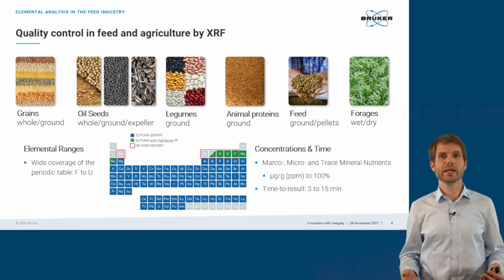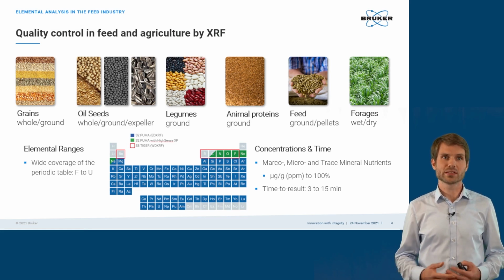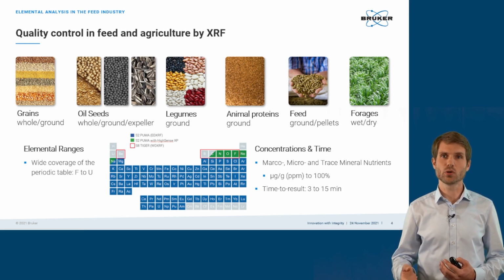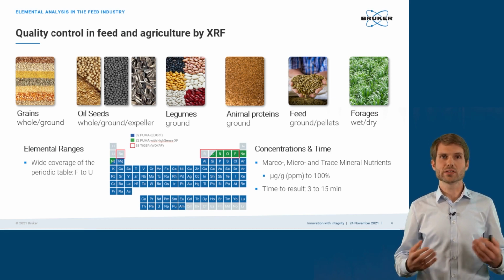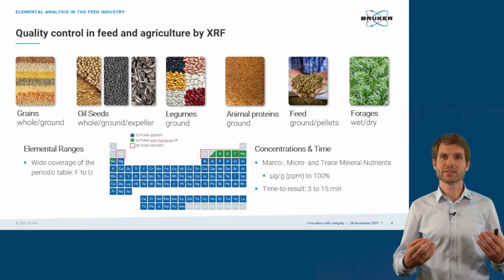Where do you apply XRF, broadly speaking, in feed and agriculture? Essentially, almost everywhere. You can analyze grains, whole grains and ground samples. You can analyze oil seeds, ground as well as pellets, and the seeds themselves.